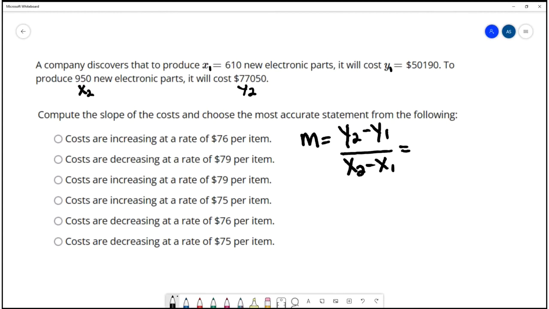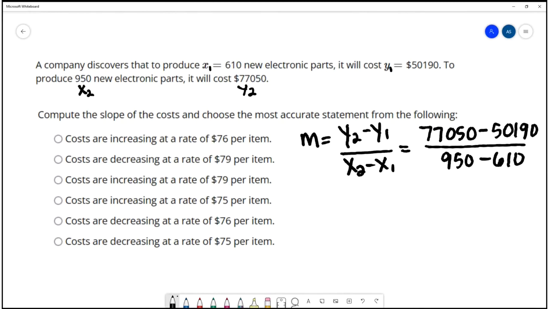So substituting that into our slope formula would give us $77,050 minus $50,190 over 950 parts minus 610 parts.